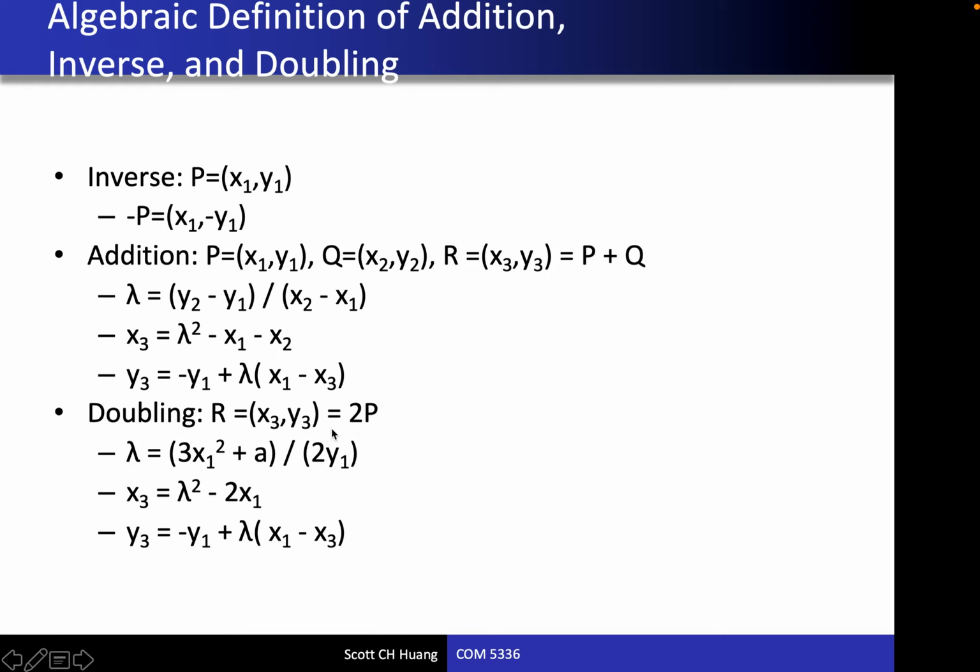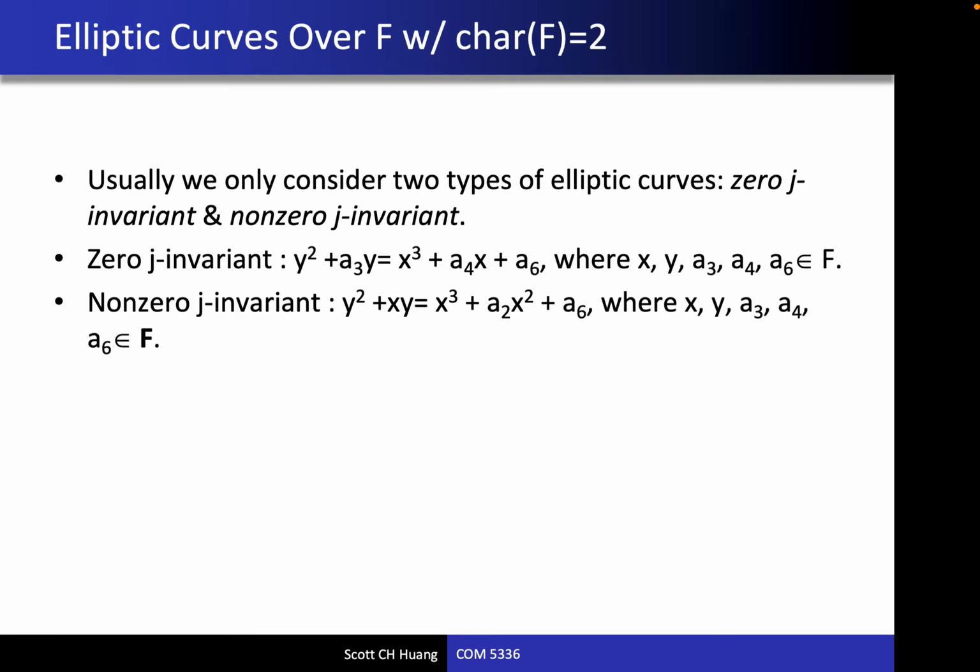So in that case, we cannot use this type of elliptic curve directly. We have to slightly modify the curve. There are two approaches. One is we use elliptic curves of zero J invariant. Another is we use non-zero J invariant.